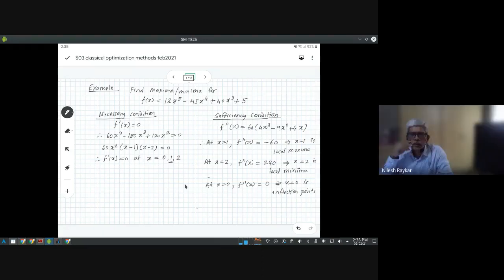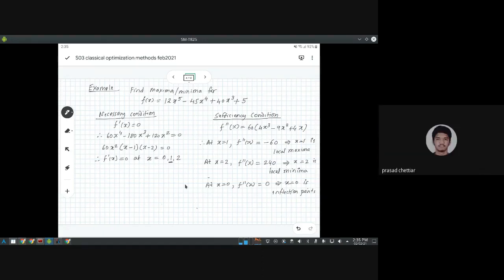Sir, for the double derivative term, if it is 0, there is a step of procedures as you mentioned earlier, right? When I used to study, I was taught to test the points near the point where it is zero.